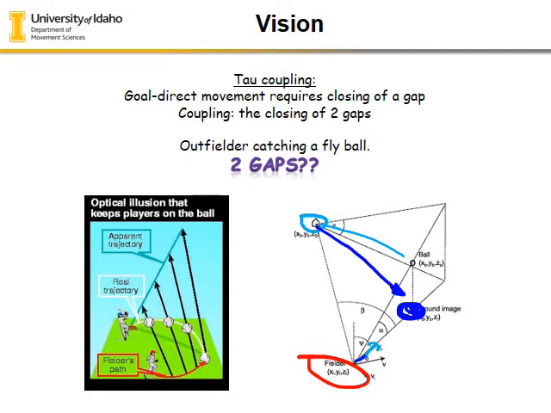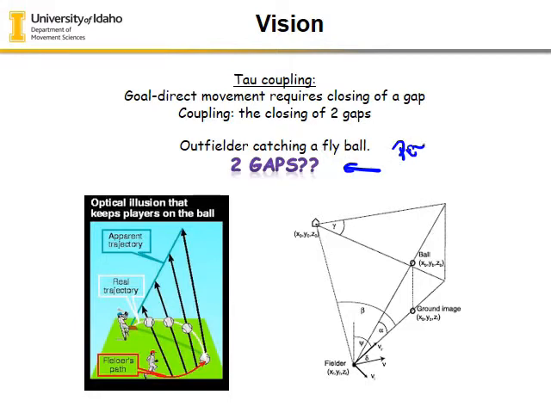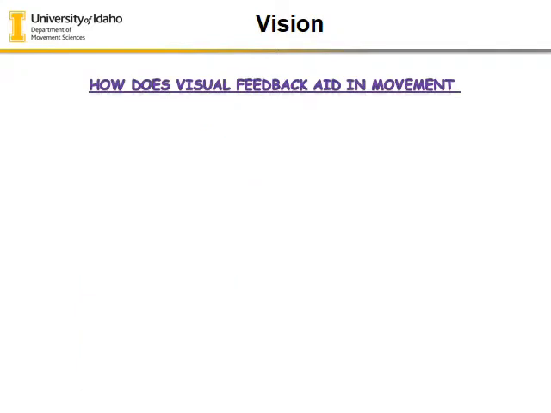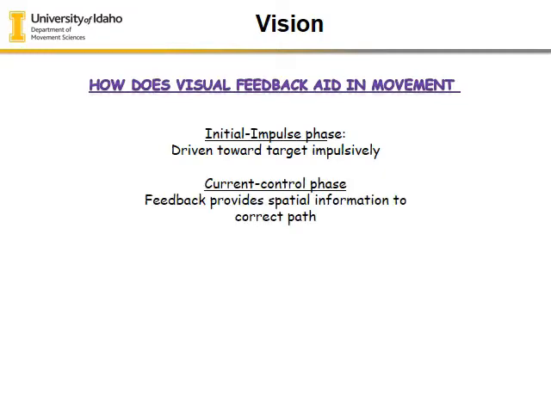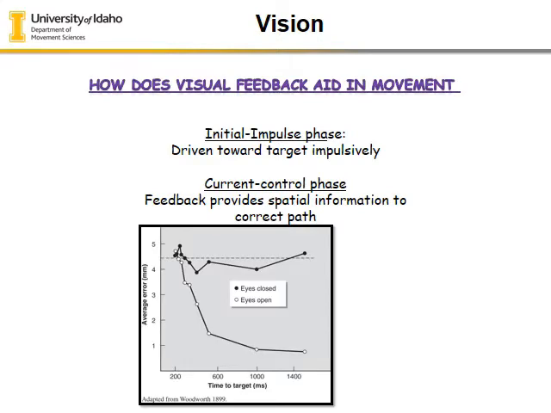But think about an outfielder catching a ball. So what are the two gaps? Well, if I'm an outfielder, this is where the outfielder is, and this is where home plate is. Initially, the ball is hit, and the fielder has to run in this direction. The fielder predicts where they think the ball is going to land.